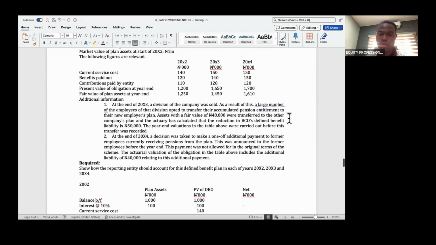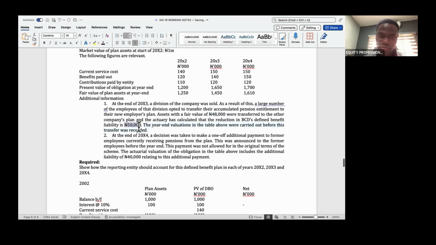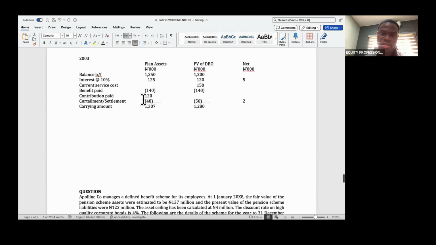Now, there's something most of you might omit in the exam. This one. They said the year-end valuations in the table above were carried out before this transfer was recorded. So, meaning in year 3. And this transfer they are talking about is this 48 and 50 that we deducted here in determining this carrying amount.